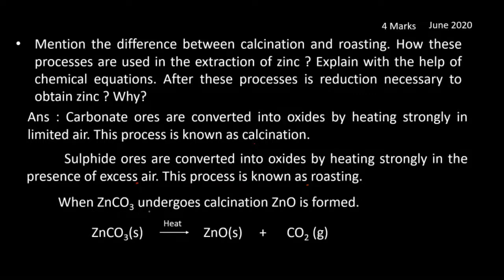When ZnCO3, that is zinc carbonate, undergoes calcination, ZnO, that is zinc oxide, is formed. The chemical equation is, when zinc carbonate, that is ZnCO3, undergoes calcination, that is heating strongly in limited air, gives zinc oxide and carbon dioxide.